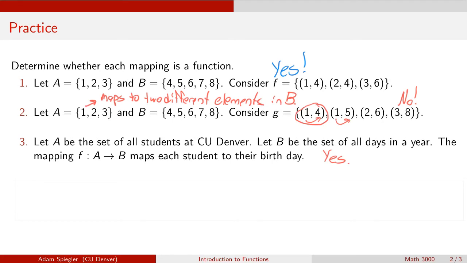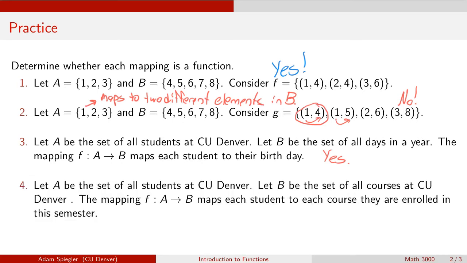And one more example, in number 4. Let's consider A again being the set of all students, and B the set of all courses at CU Denver. Now we're going to consider the map that takes each student to the courses that they are enrolled in at CU Denver this semester. And so this one would not be a function, since it's possible that one student is taking two different courses.